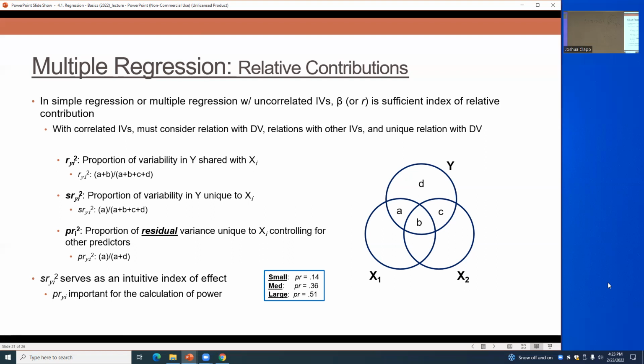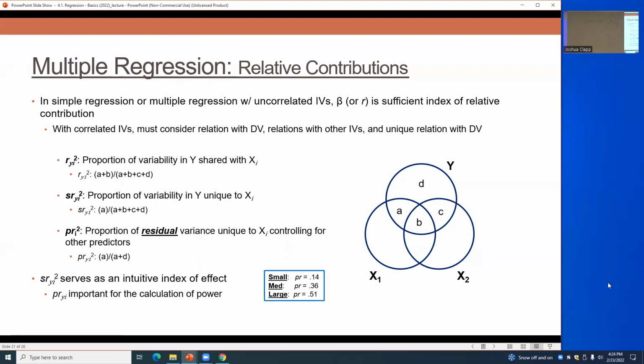Well, residual variability, what's left over, is a hard thing to think about because, absent access to the full output, I don't know how much of the total that is. Is that a lot or a little? It's a valuable metric for calculating power and effect size, but it's less intuitive than saying of all the variability in my outcome, 15% of that variability is uniquely attributable to my predictor, okay?